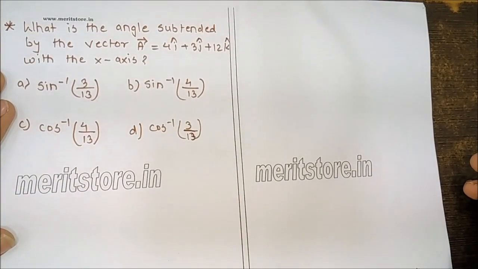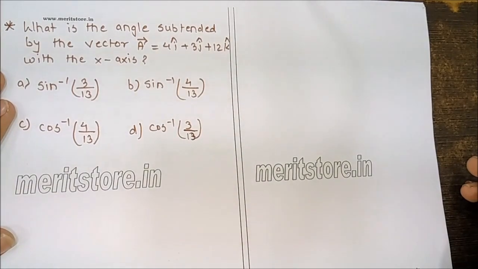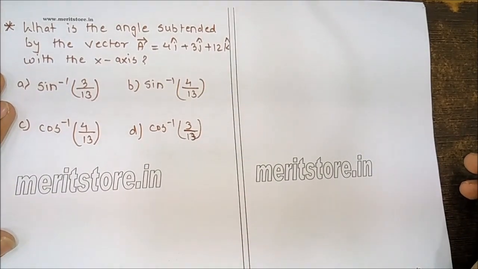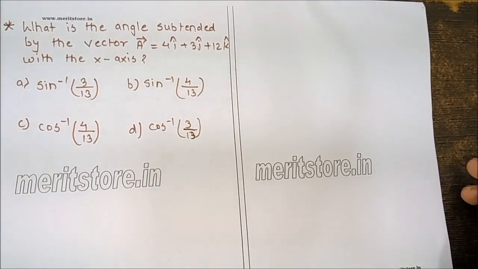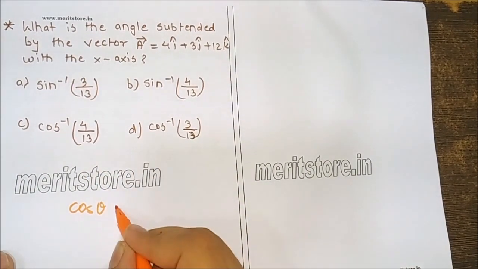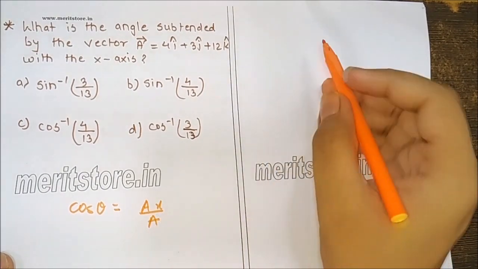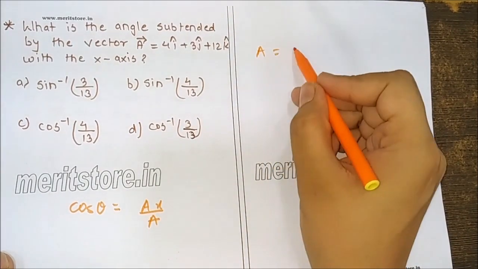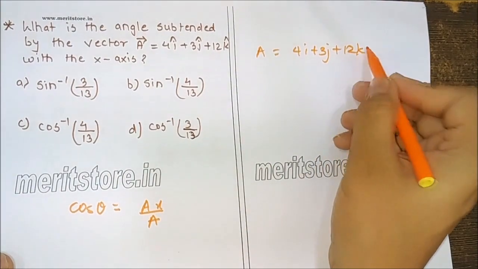What is the angle subtended by the vector a bar is equal to 4i plus 3j plus 12k with the x-axis? Now to solve this question, we know the angle made by vector a with x-axis is given by cos theta is equal to ax upon mod a.